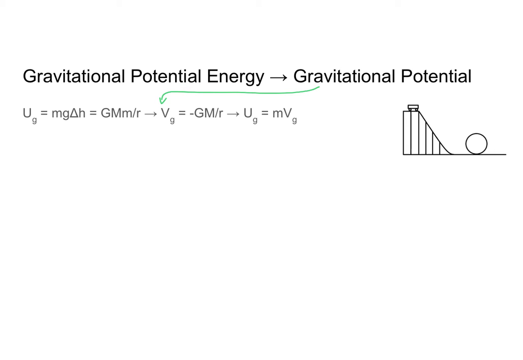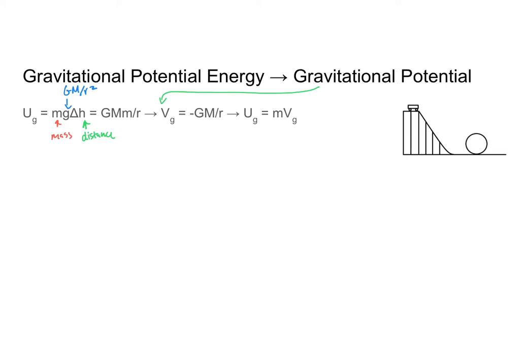So reminding you of our unit on energy, we defined our gravitational potential energy as mass times the gravitational field, little g, which is of course GM over r squared, times our distance r from the surface of the Earth.